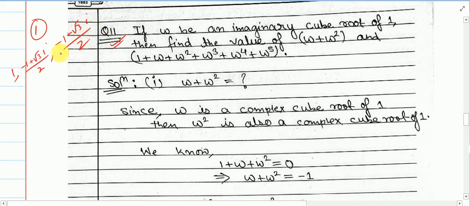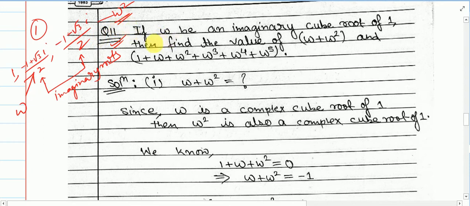Out of these three roots, these two are complex, or you can say imaginary roots. And if I denote this to be omega, then the other will be omega square. Yes or no?